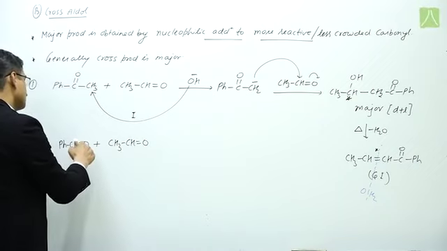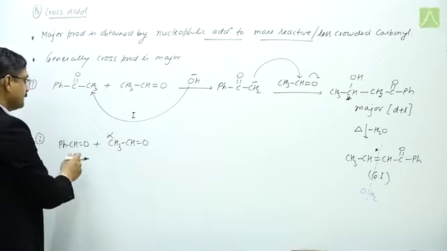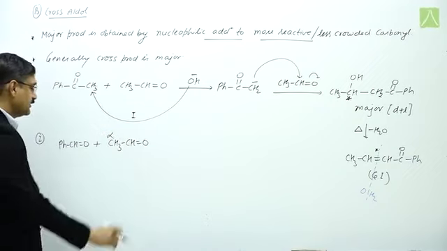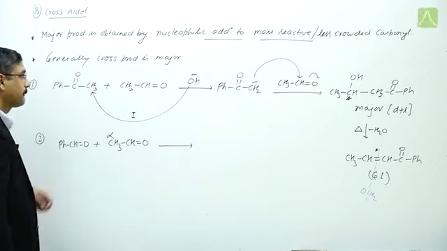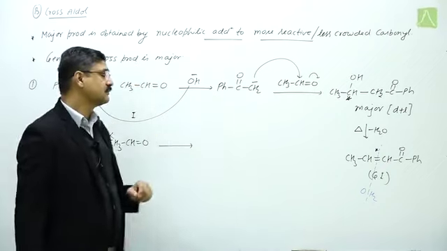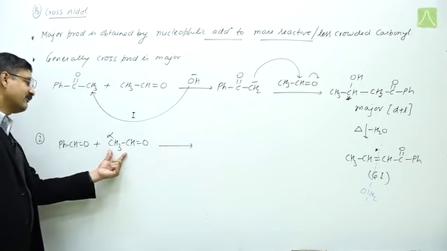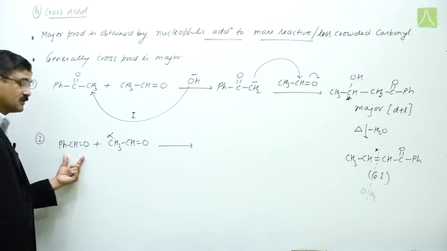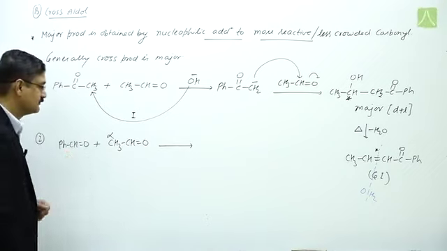In this case, only CH3CHO has alpha hydrogen, but PhCHO does not. So in this situation, this condition fails because only one aldehyde or ketone has alpha H, the other does not. So hydrogen cannot be removed from this aldehyde.